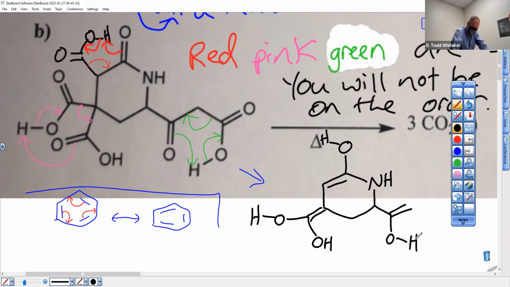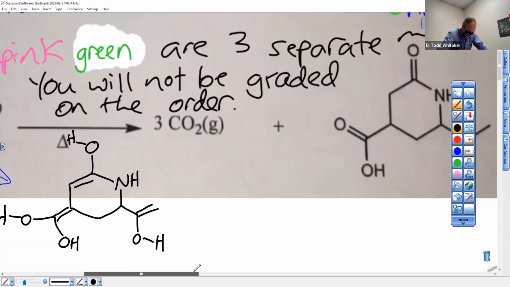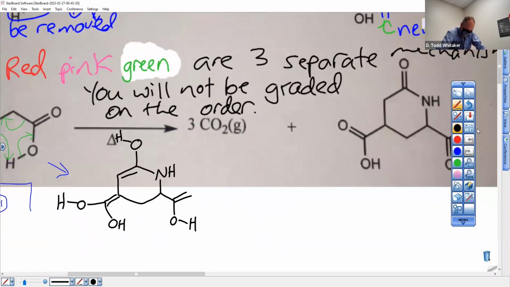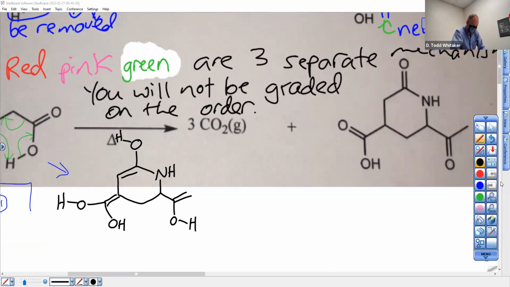What do you call these functional groups that are here that will not be here when we're done? Every one of them is the same. The new functional groups you made all have the same name. What are they? Enol.